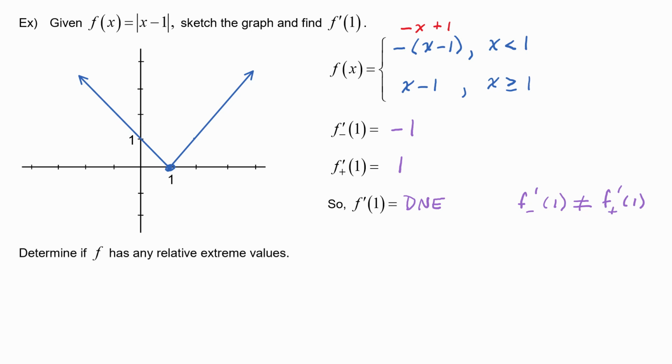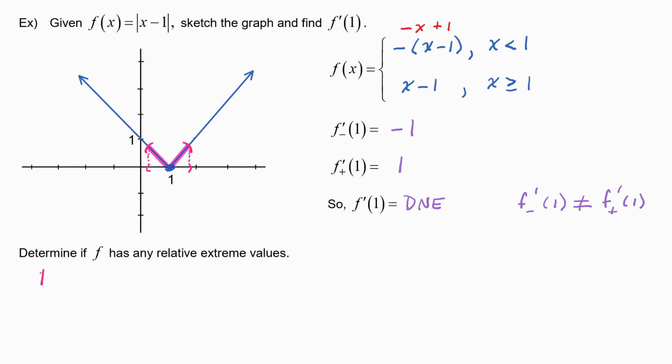Next up, determine if f has any relative extreme values. Now, looking at the graph, we see that we can make an open interval around 1 and on this interval, y equals 0 is the smallest y value. So we have an open interval of f around x equals 1, and on that open interval, the smallest y value is 0.